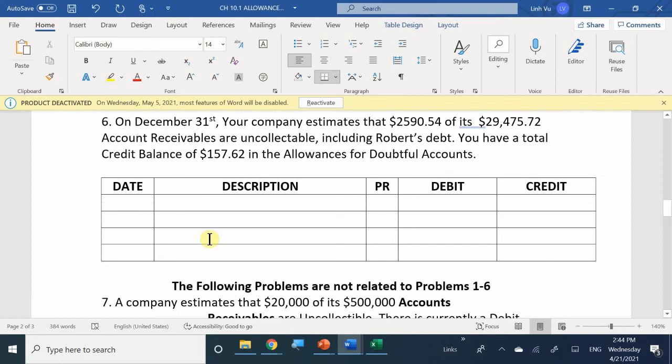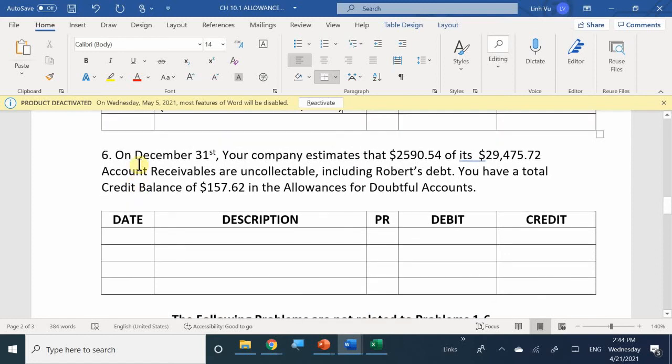All right. So now it is finally December 31st. Your company estimates that $2,590.54 of its total $29,047,475.72 accounts receivable are to be uncollectible, including Robert's debt.